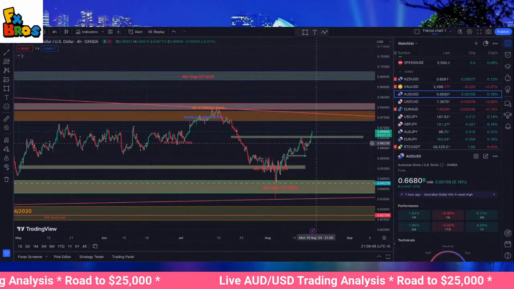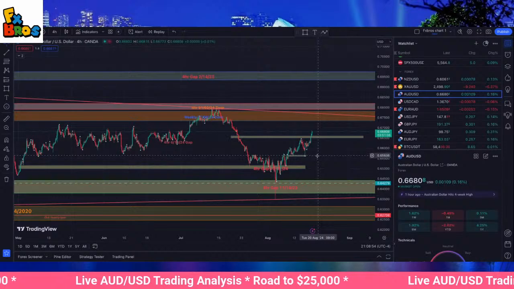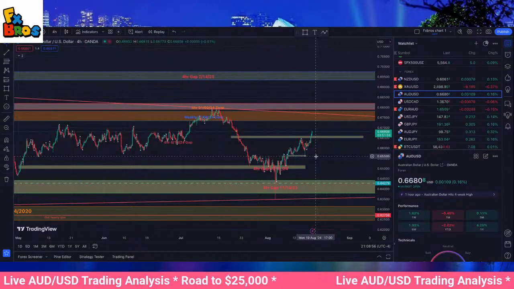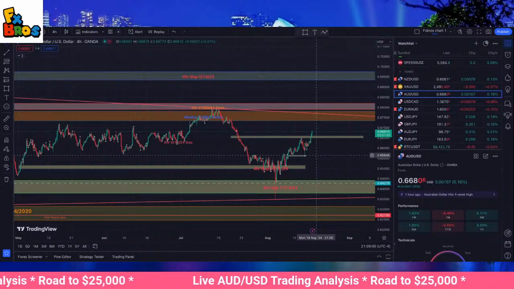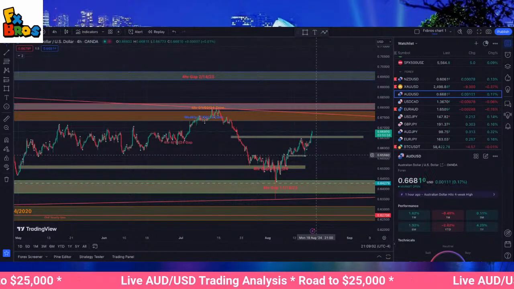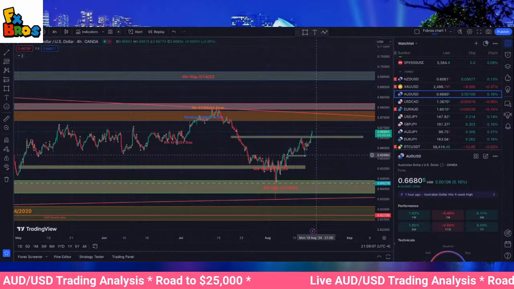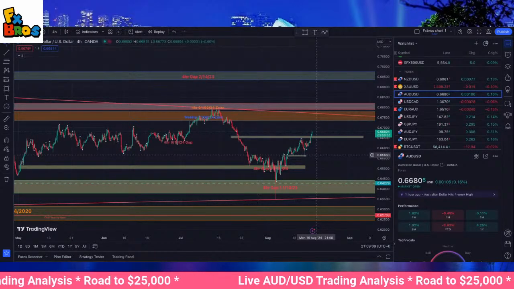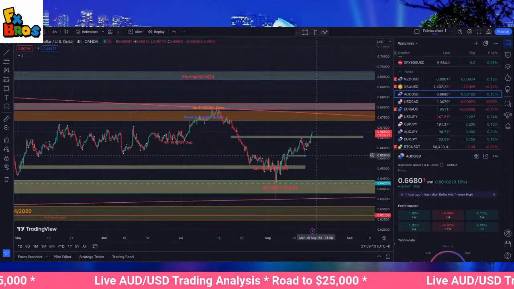As far as the structure we have in a 4-hour, I would say 65 for the evenness is a level we need to stay above. We don't need to break that level on the 4-hour or the daily, primarily the daily, for us to continue on this bullish trajectory.